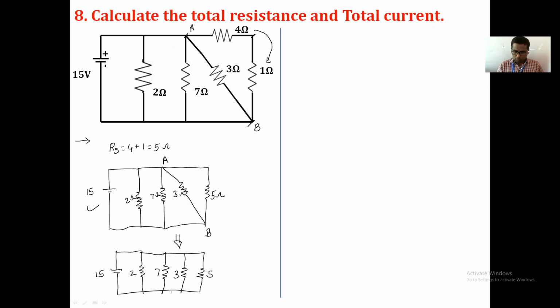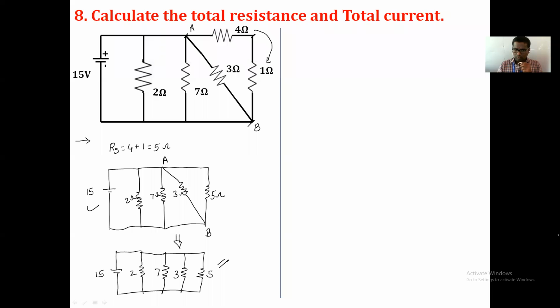And now, if you see this simplified diagram, what you say about these 4 resistors? How they are connected?